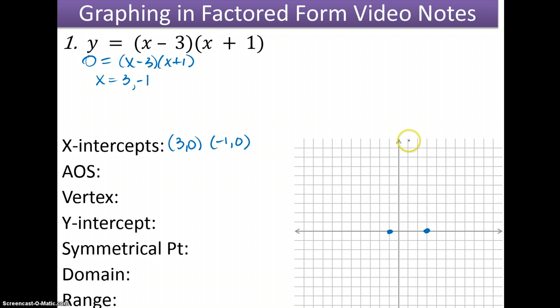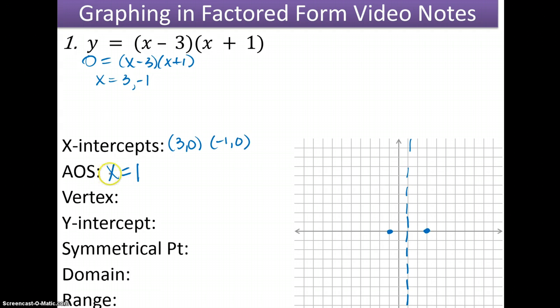So here's my axis of symmetry, that is equidistant from both x-intercepts. Now a reminder that the axis of symmetry is always written as the equation of a line. So the equation of this axis of symmetry is x equals 1.